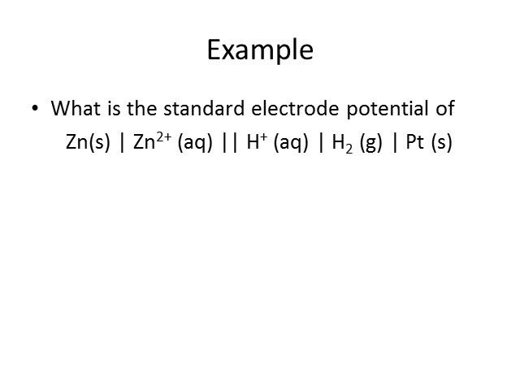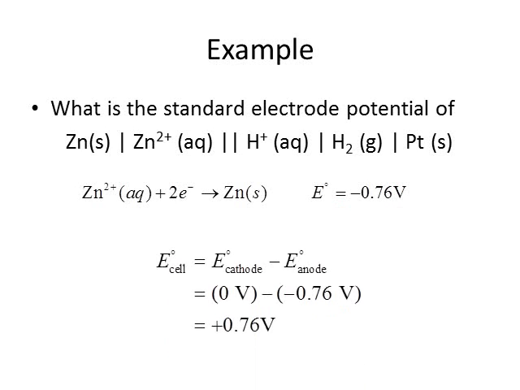So for example, here I have zinc going to zinc 2 plus as my anode, and here I've got the standard hydrogen electrode as my cathode. Our cell potential for this is... remember, it's cathode minus anode.